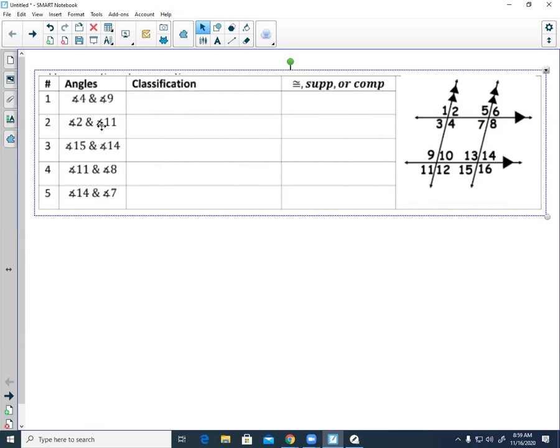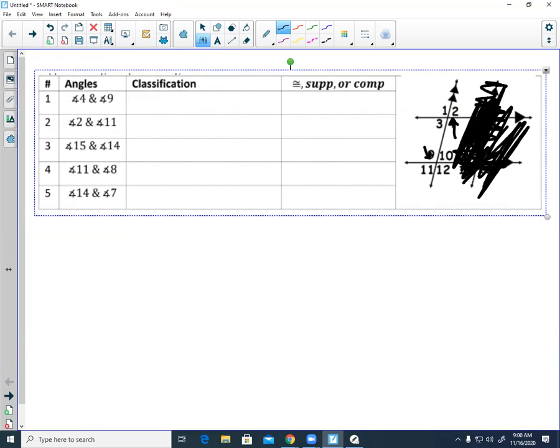All right. So first things first, you're going to look at angle 4 and you're going to look at angle 9. So angle 4 and angle 9 specifically are dealing with this angle here and this angle here. Now remember, what I like to do is cross things off that do not have anything to do with the problem. So I'm crossing off the entire thing that has nothing to do with the problem.